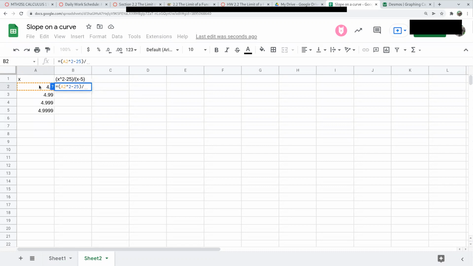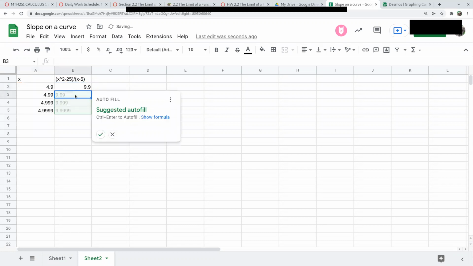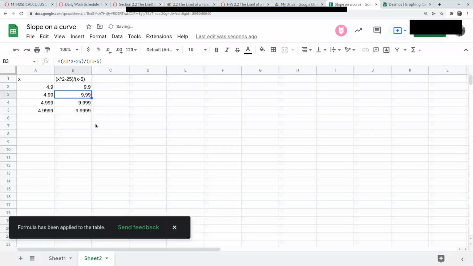Divide with the slash. Start the denominator. Parentheses are essential, otherwise you screw up the order of operations. I want that same X value, and then minus 5. Each time I do this calculation, I'm always grabbing the number next to me. So that means I can fill this formula down, and Google's going to offer that. Yes, please. All right, so on the left side, it looks like we're approaching 10.